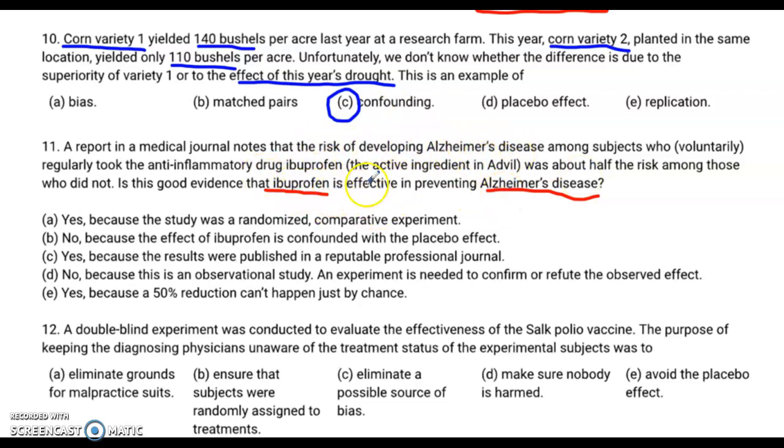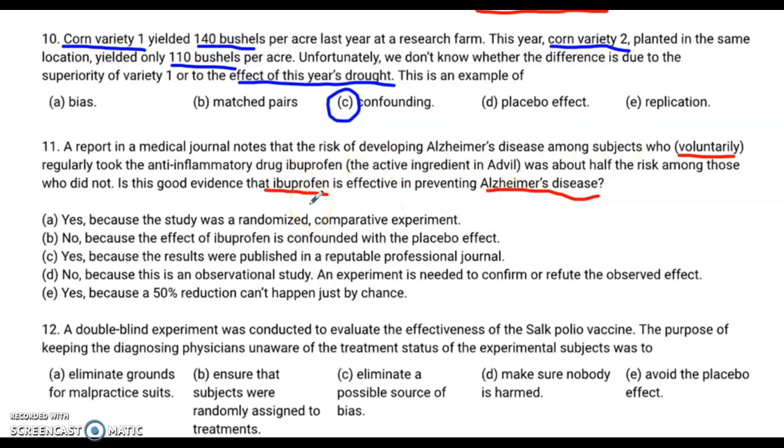In order to determine cause and effect, we have to make sure that the treatments are randomly assigned. In this case, we know that the subjects voluntarily regularly took the anti-inflammatory drug ibuprofen, so that means the subjects weren't randomly assigned to treatments. Since there's no random assignment, we cannot make a judgment based on cause and effect.